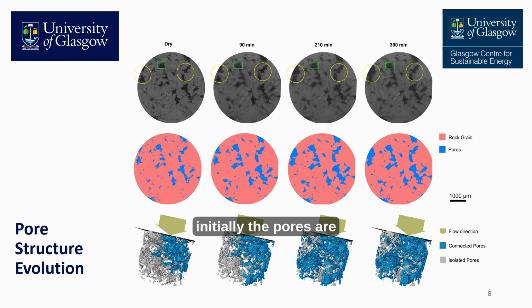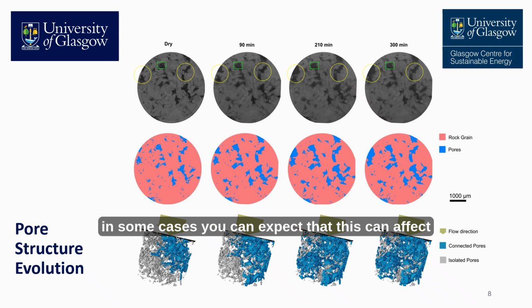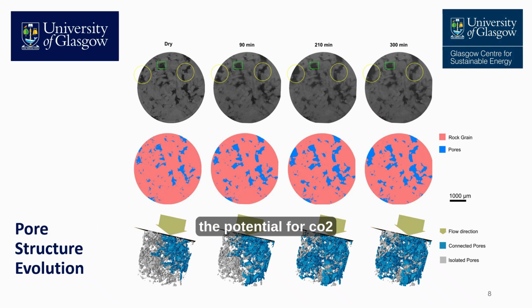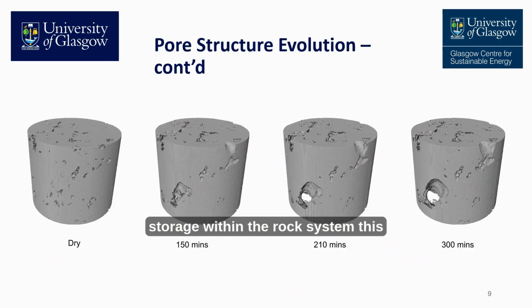Initially, the pores are small and disconnected, but as CO2 reacts with the rock, minerals dissolve and the pores begin to grow and connect. This changes how fluids flow through the rock, and in some cases this can affect the potential for CO2 storage within the rock system.